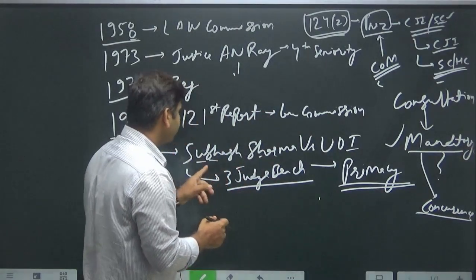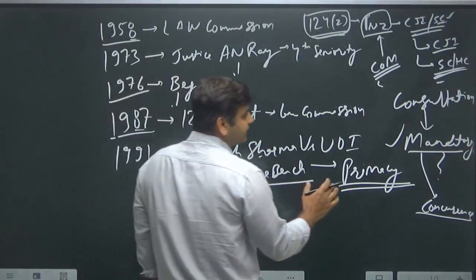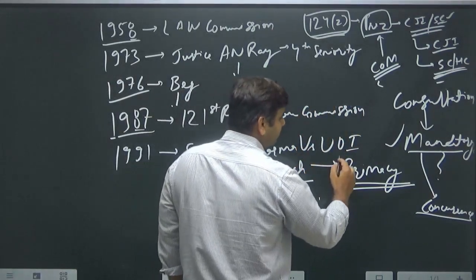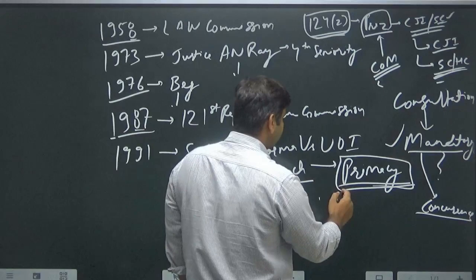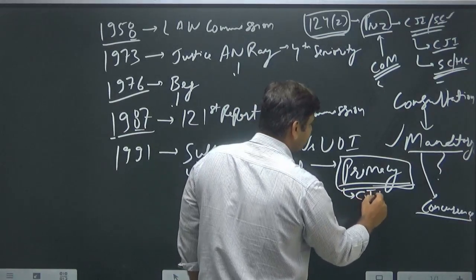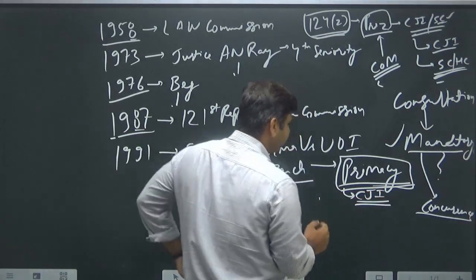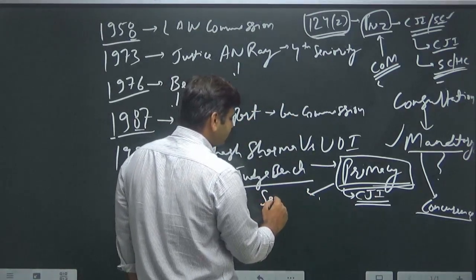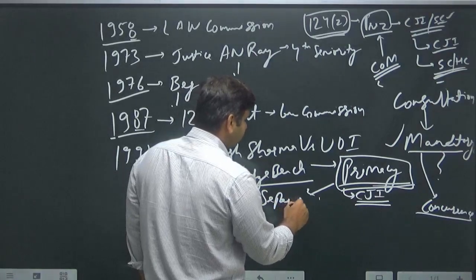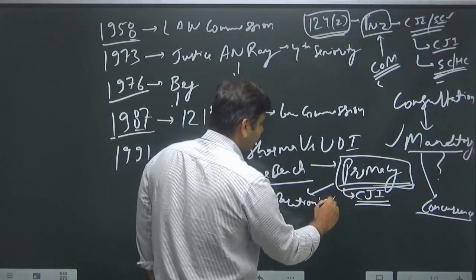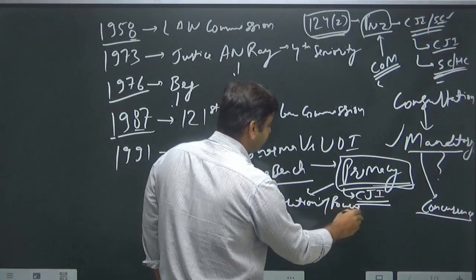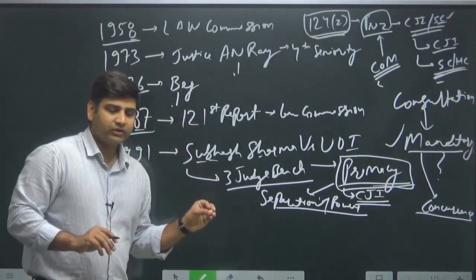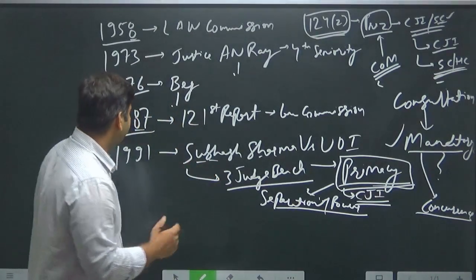This was an important case which interpreted the word consultation and said that the primacy must be given to the Chief Justice of India in consultation, and it said that this goes with the principle of separation of power.